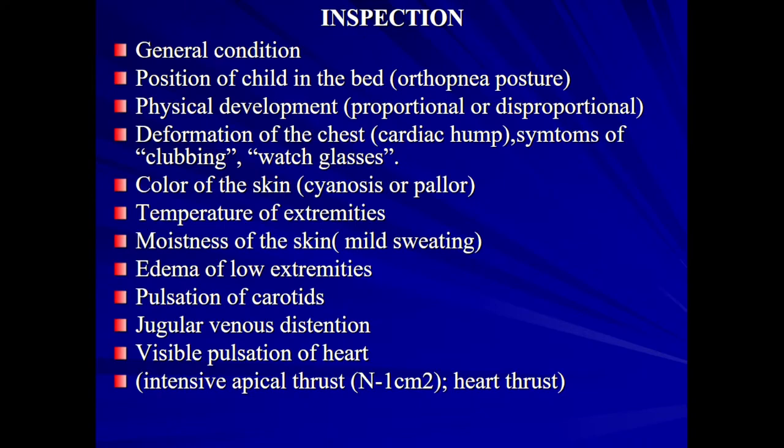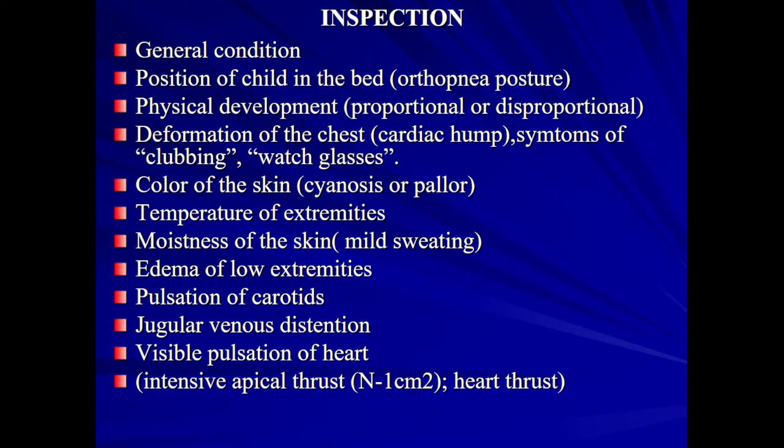Moisture of skin. Edema of lower extremities is a very characteristic and very common situation with babies with cardiac insufficiency, cardiac failure. Pulsation of the carotids is also associated with problems with the aortic valve.